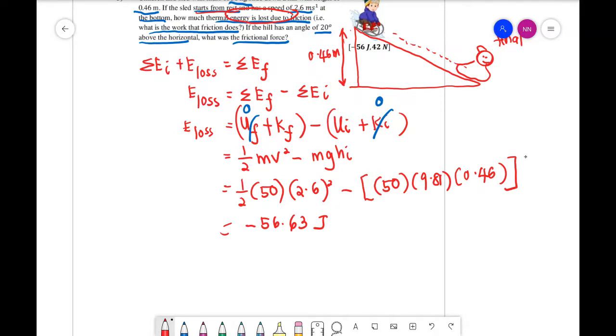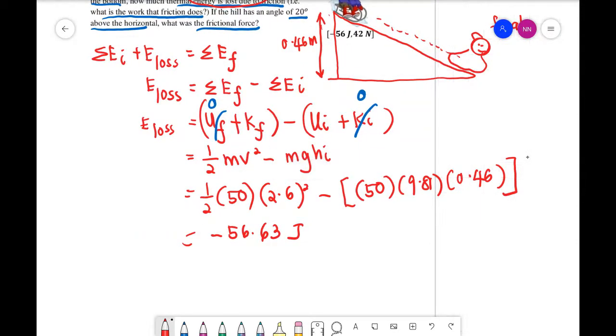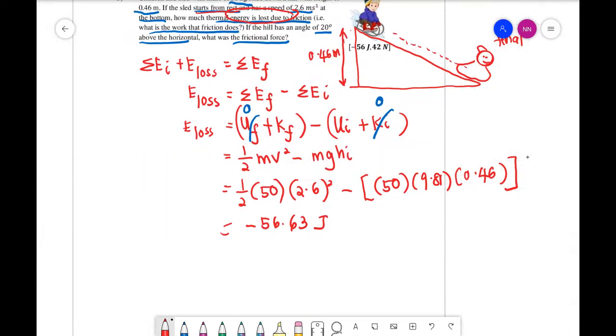The second part asks for the frictional force. First, it asked for the energy loss due to friction. Second is the frictional force.